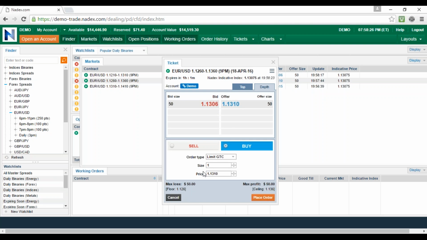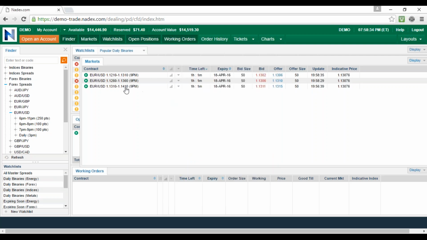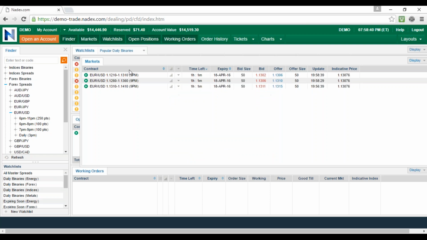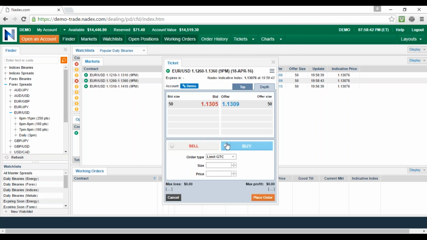Everybody see that? If I took that middle spread, I'd have to put up 50 bucks. I have to put up a lot less to go with this spread, I only got to put up like 5 bucks. Well, because I want to keep this fair, I went with this middle spread. I had to put up 50 bucks to get in this spread.